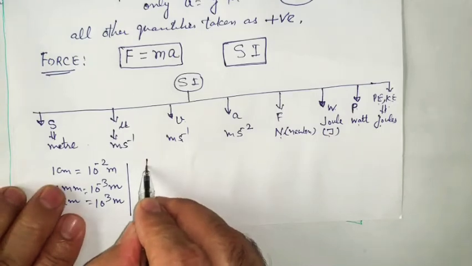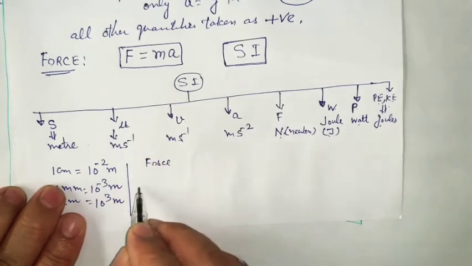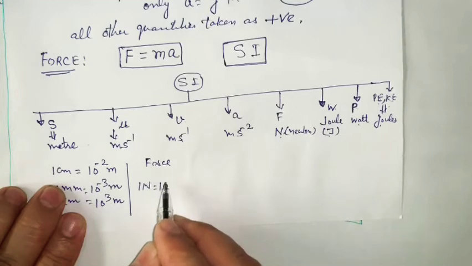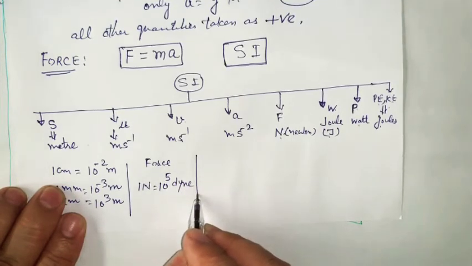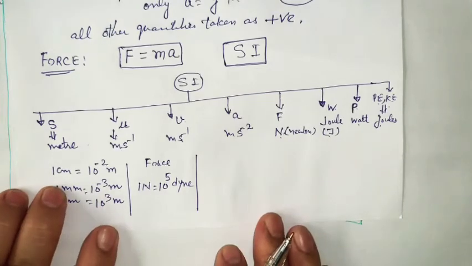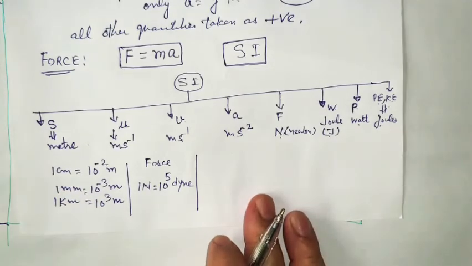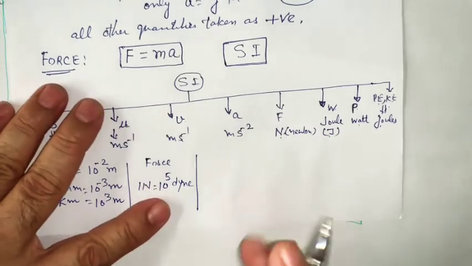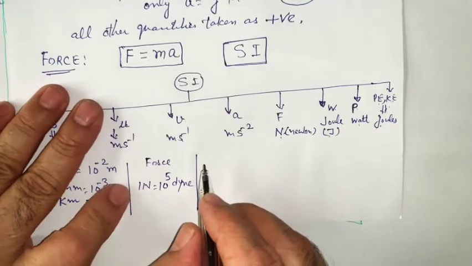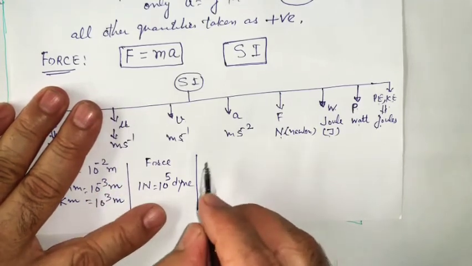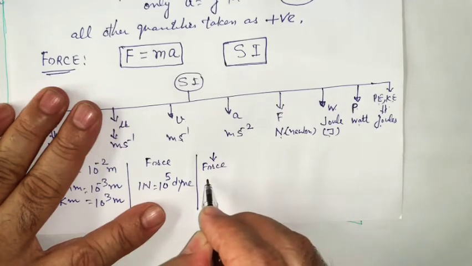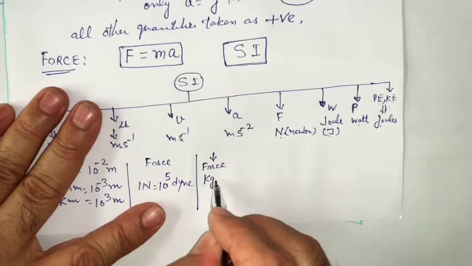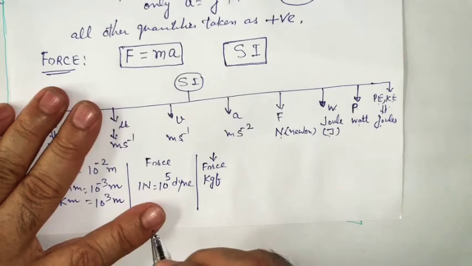Then about force, you must know 1 Newton is always 10 power 5 dyne. Dyne is CGS system. So you must convert the dyne into Newton. In some numericals, force is also given in kgf, kilogram force.